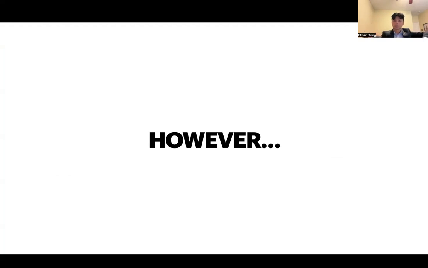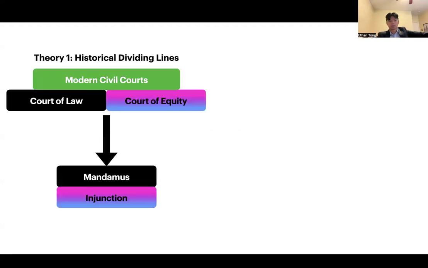But in America, those courts have been merged since 1938. Now, this case that I just showed you, In re Sawyer, which said that equity cannot grant you a reappointment, is from 1888, which is 50 years or so before the merger of law and equity. So there are two theories about how In re Sawyer still applies. Number one theory we could call the historical dividing lines theory.